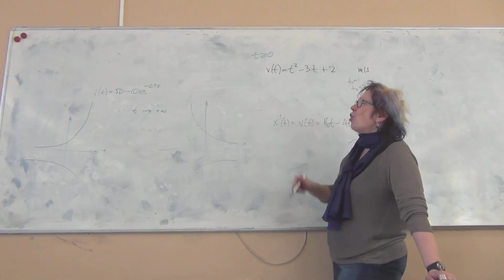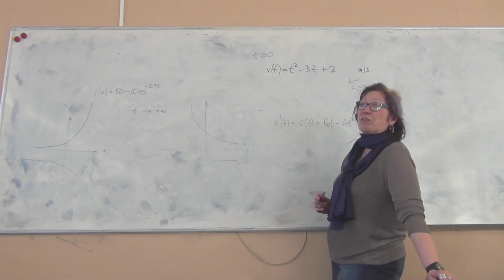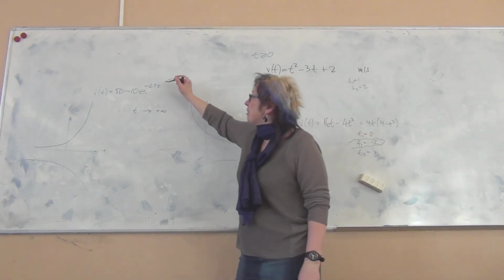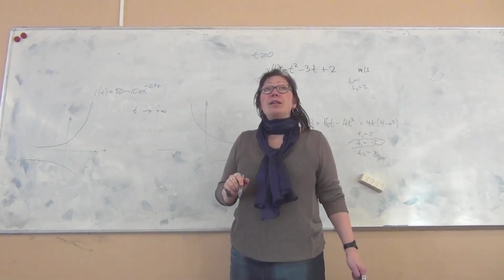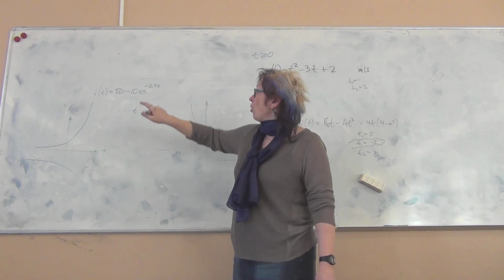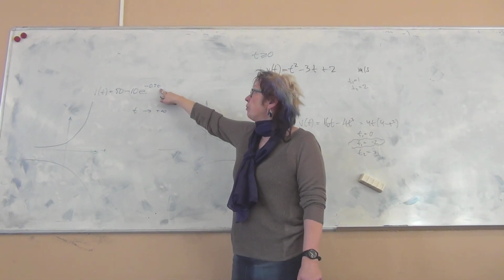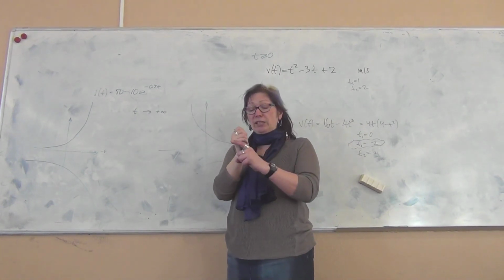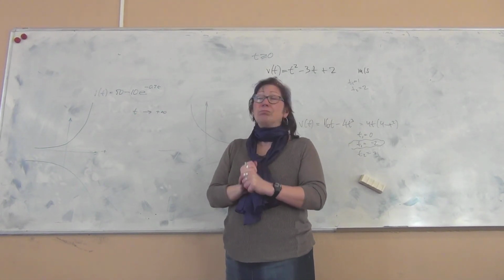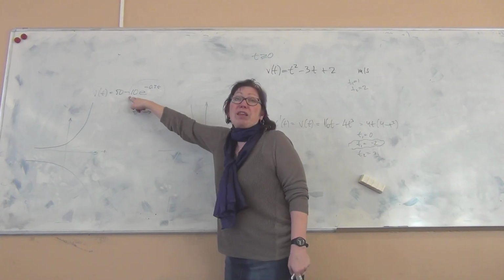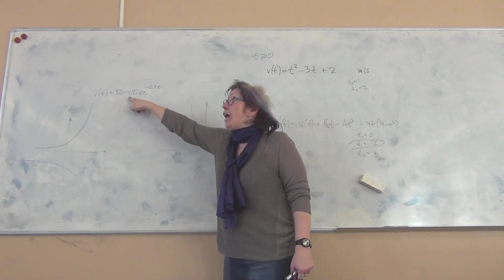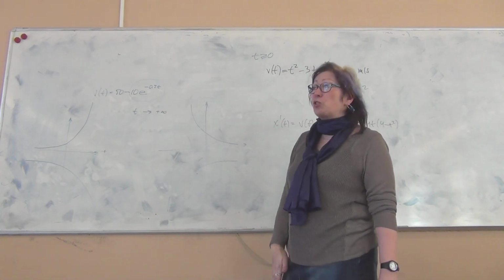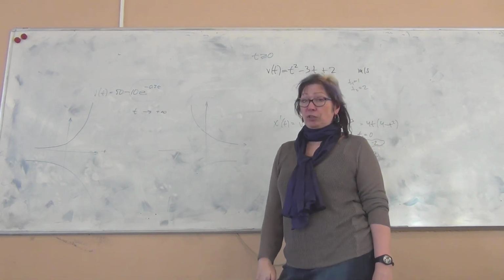obviously the velocity will tend to some fixed value. It will be increasing, increasing, increasing. This will be becoming less and less, because when t tends to positive infinity, the exponent tends to negative infinity. E to negative infinity is 0. So 50 minus something very, very small, which means the velocity tends to become 50.